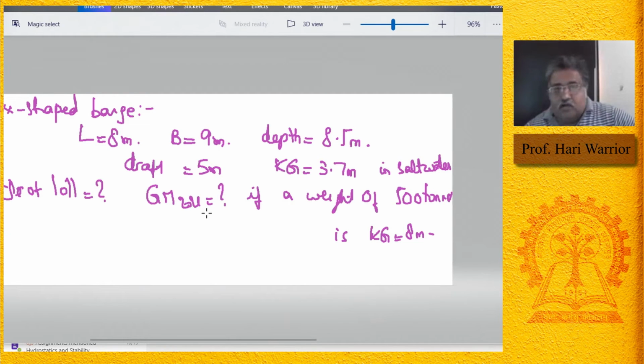Now, how will you find the KM of a box-shaped vessel?